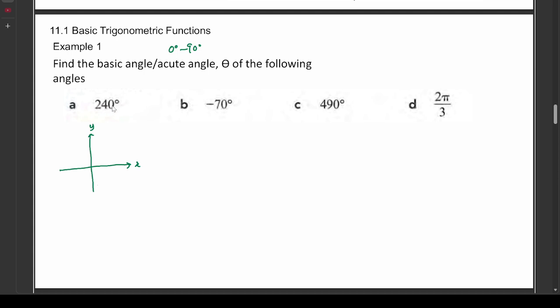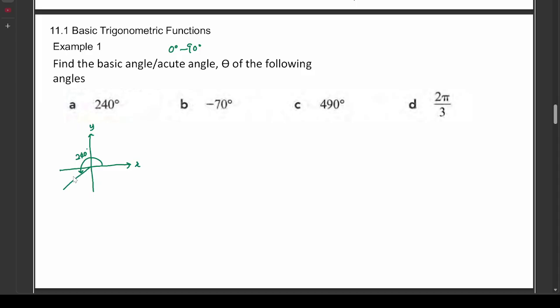So where is 240? It should be here, somewhere in between 180 and 270.